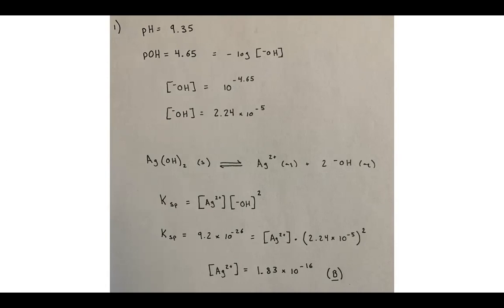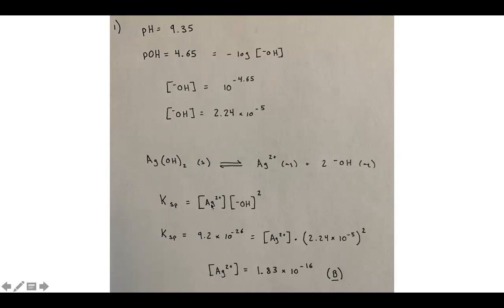Once we have that value, all I wanted us to do is plug that into our KSP expression. Our KSP would be equal to the concentration of silver 2 plus times our concentration of hydroxide squared. We square the hydroxide concentration because it has a coefficient of 2. Just realize that we don't need to divide this by silver hydroxide concentration, because our reactant is a solid, and we never include solids in our equilibrium expressions.